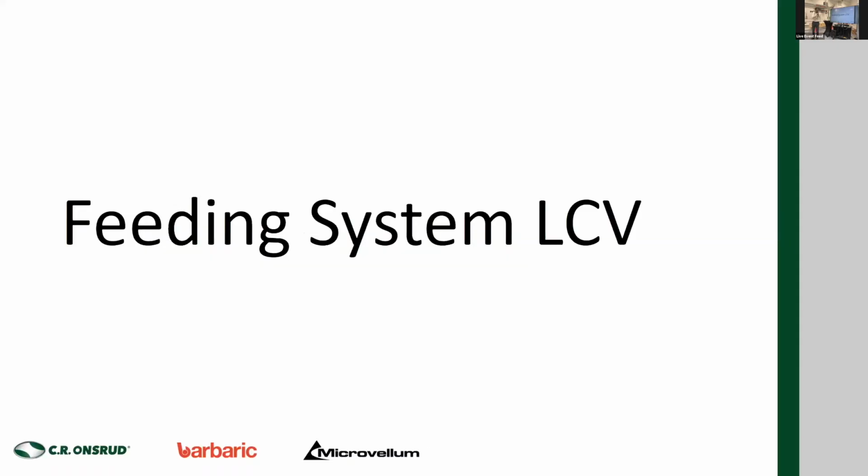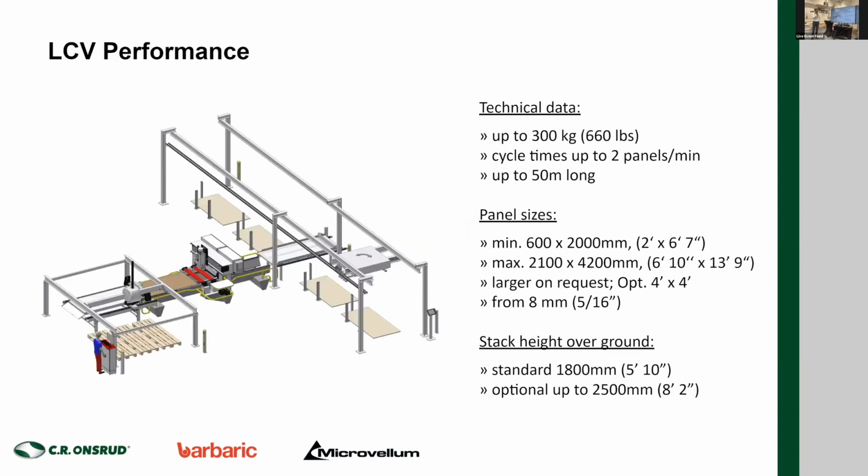So I want to really quick reiterate on the two machines that you saw on the live demo, our LCV and NST system. The LCV system is a loading system. We can set this up in a multitude of ways. You can have numerous loading bunks oriented in any way that fits in your shop.